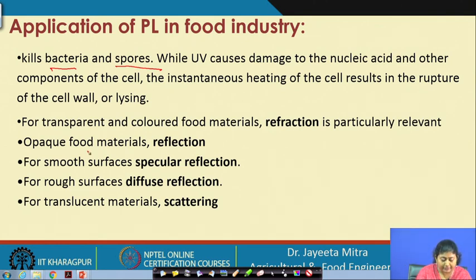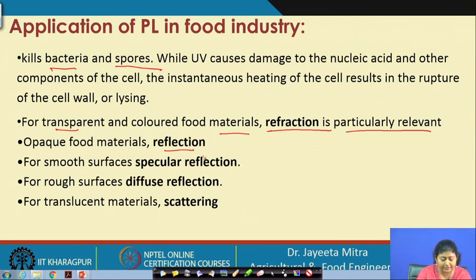Now, as far as the material is concerned, if it is a transparent and colored food material, refraction is particularly relevant, because we have the incident, then transmittance and then reflection. For transparent and colored material refraction is relevant, while for opaque food material reflection will be the concern.